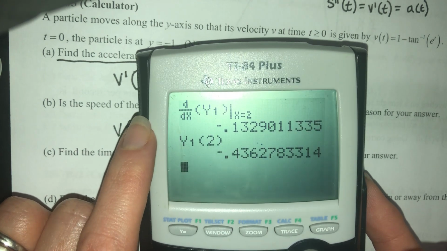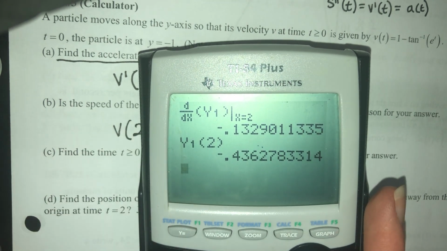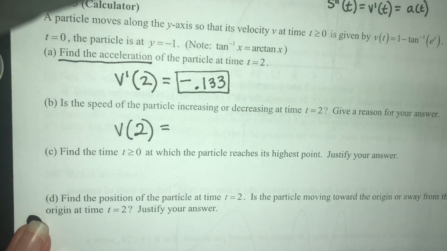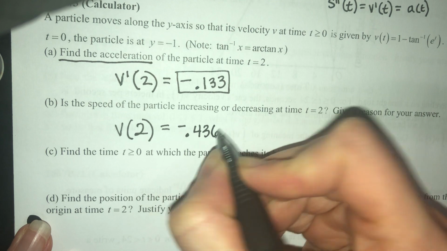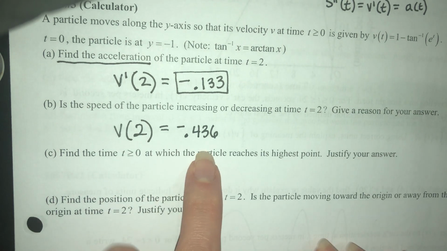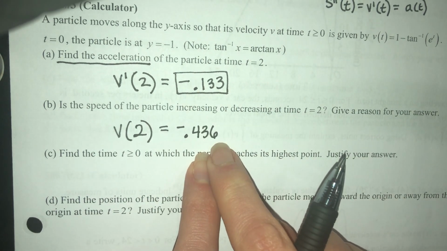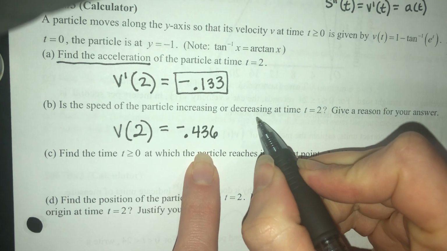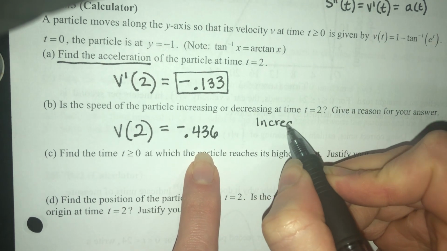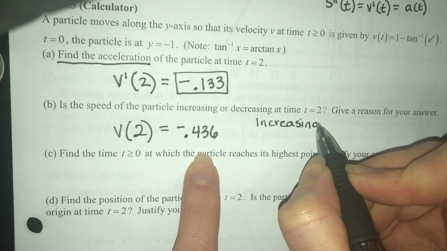So this gives us negative 0.436. Now, we notice that the acceleration and the velocity are the same sign. So that means that it is increasing. Always answer the question asked.